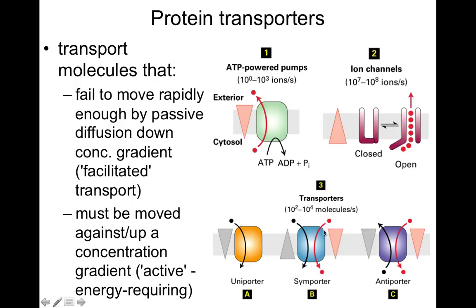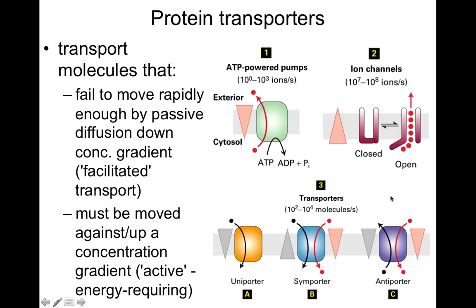But the opposing molecule is going from an area of high concentration to low concentration. And because that is much easier, it provides energy and the ability to assist the other molecule, which is going against its concentration gradient. So, in a symporter, one molecule goes against the gradient, the other one goes down with its gradient.